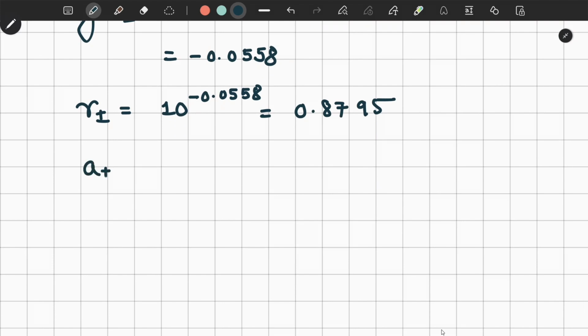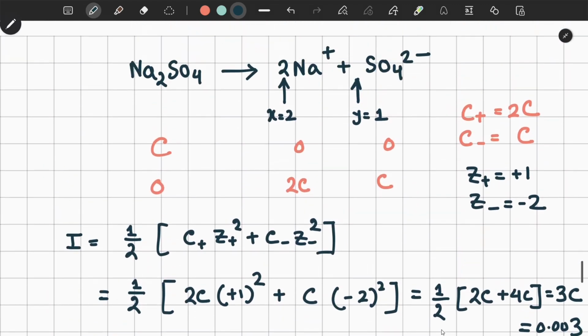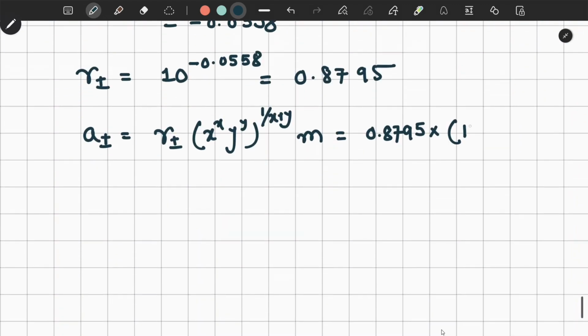And the a plus minus will be this. So 0.8795 into x to the power x, meaning 2 to the power 2, 1 to the power 1, divided by 1, to the power 1 by 3, times m, and m is 0.001.